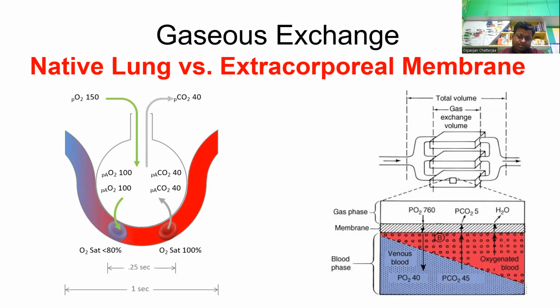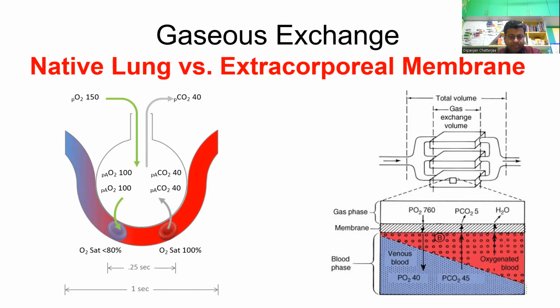The diffusion across the membrane in the ECMO circuit takes place according to the concentration gradient. Remember that it was only a single file of RBCs which were coming in contact with the alveoli in the alveolar capillaries. But here we have quite a few layers of RBCs.